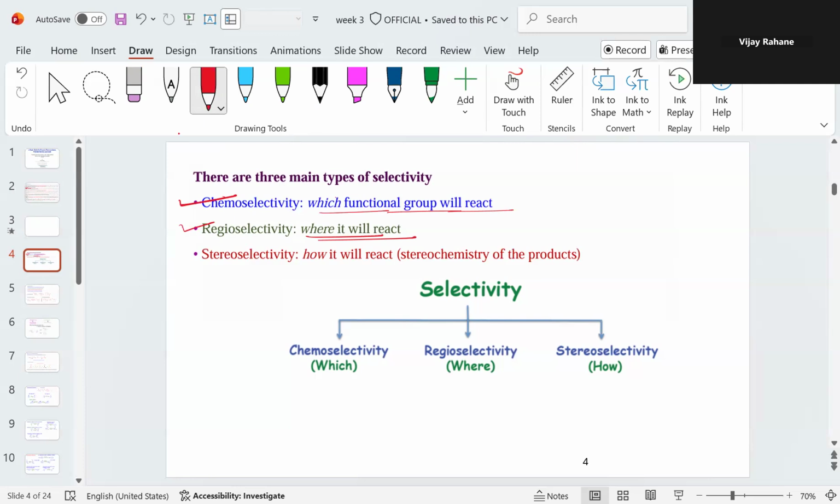You can keep in mind these short definitions for these concepts. And stereoselectivity is how it will react in terms of the stereochemistry of the product. So these are the three types of selectivity: chemoselectivity, which functional group; regioselectivity, where it will react; and stereoselectivity, how it will react.